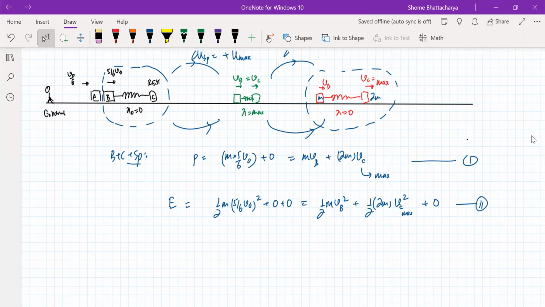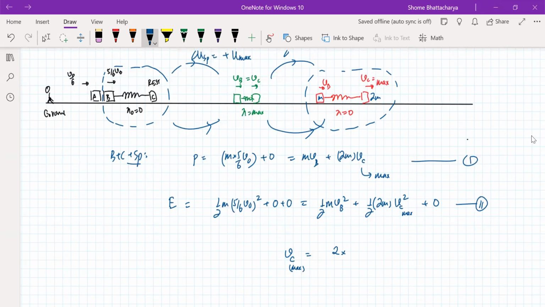Yes, sir, it gives the same answer. So we can avoid solving these two equations, because from equation 1 and 2, you can see that VC max will be like that second body's velocity.